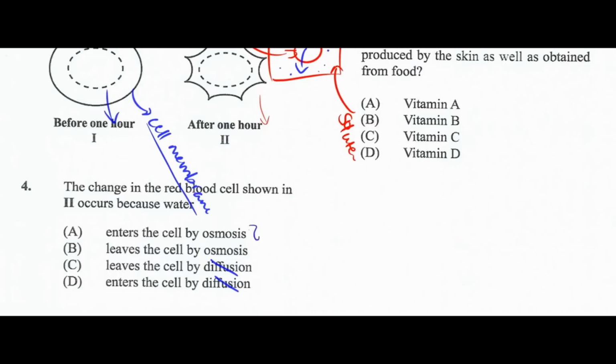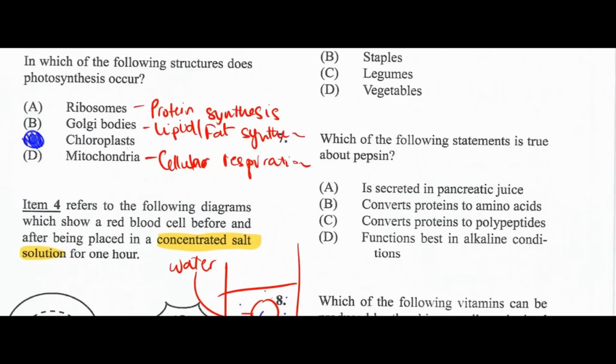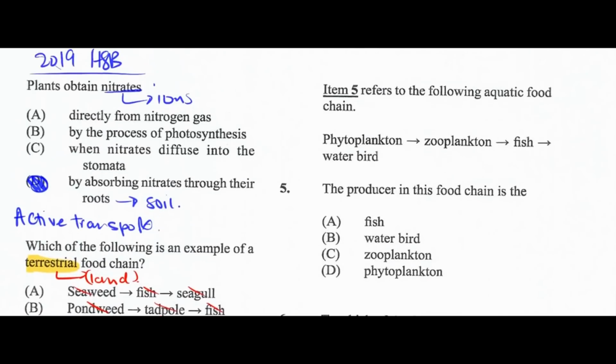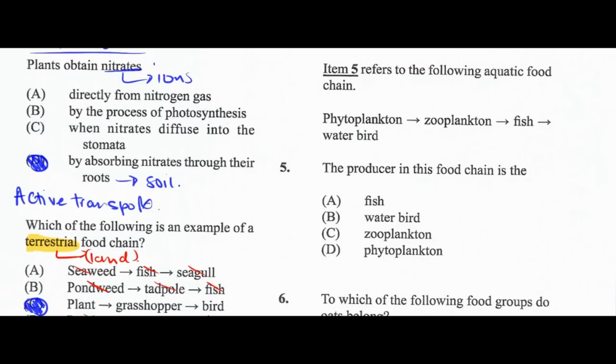So your answer has to include osmosis. Now we've reduced our chance of getting this right to about 50%, and once you had already gotten this theory in your head properly mapped out, it shouldn't be hard for you to get leaves the cell by osmosis, right? So I always encourage you to have an idea of what the answer is before you look at the choices given for multiple choice. It makes you less likely to make a mistake.